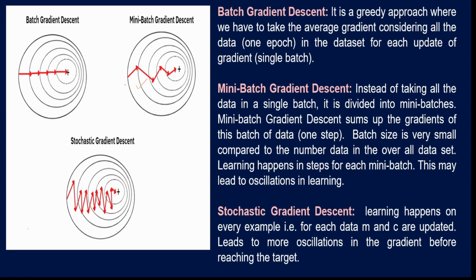Since the gradient values are updated for each mini batch, there will be oscillations in the gradient like this. In the third method, the m and c values or gradients are updated for each data point. This method is called the stochastic gradient method. So the learning happens using every data point in the data set. So it will lead to more oscillations like this.